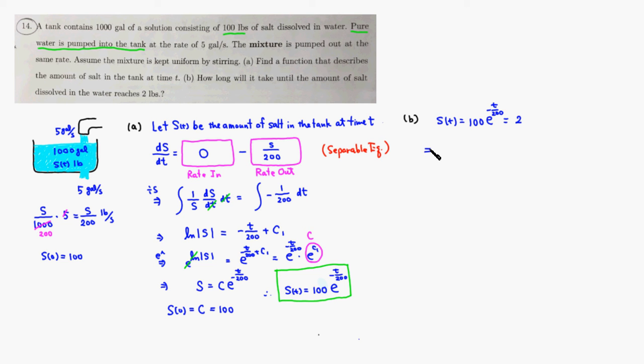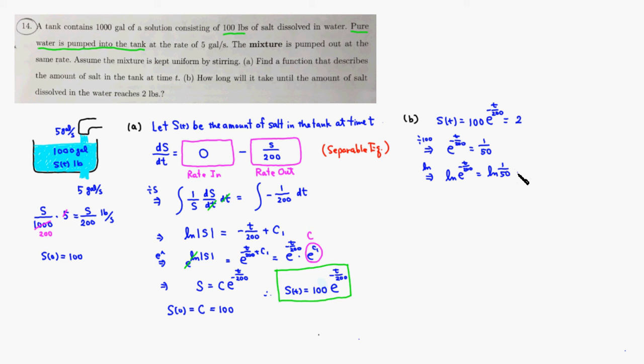First I'm going to divide through by 100, so you have e to the negative t over 200 equal to 2 divided by 100, which is 1 over 50. Then we can simply take the natural log of both sides. So you have the natural log of e to the negative t over 200 equal to the natural log of 1 over 50.